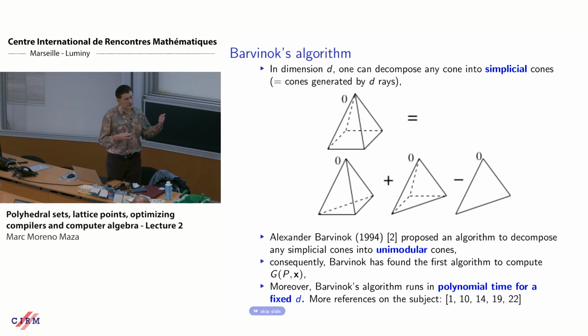Yes, we use the other algorithm to verify, that's how we verify at the software level. But the two implementations are in fact one, in particular the decomposition into simple cones.